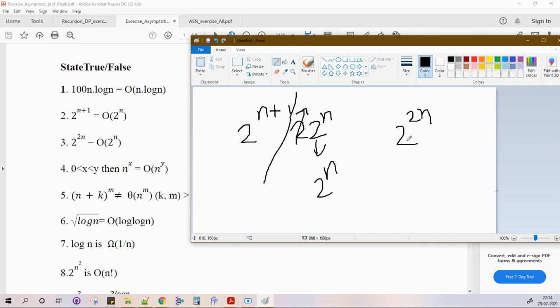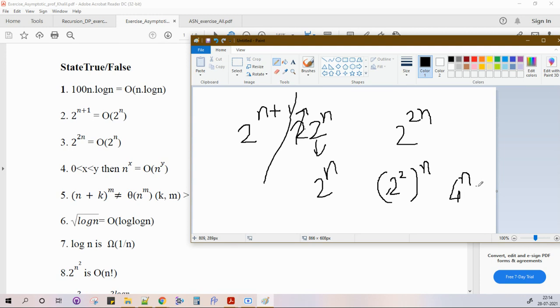2 raised to 2n. So how can I write it? It is nothing but 2 raised to 2, whole raised to n. Then 2 raised to 2 is nothing but 4. So this is 4 raised to n, so it is order of 4 raised to n. And what we have is 2 raised to n.